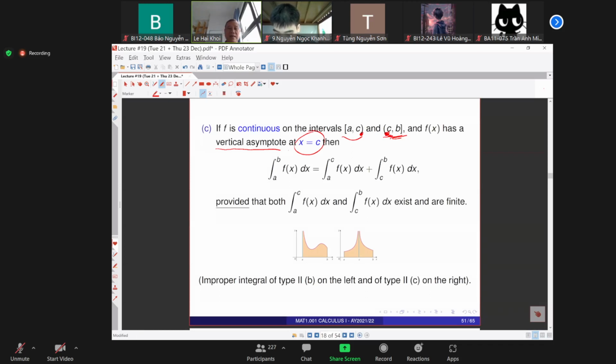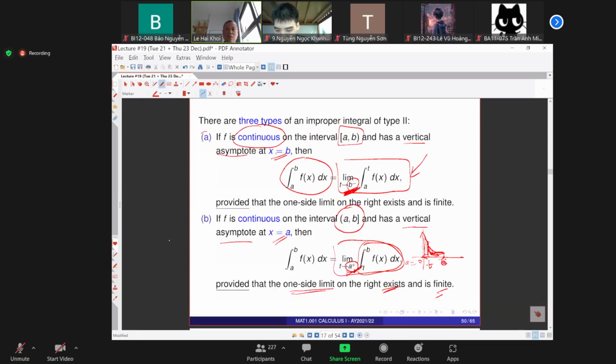In this case, the integral from a to b of f(x) dx, where c is some point inside a b, is computed by the first integral from a to c, type A, and the second, type B. Here type A, here type B, in this definition.